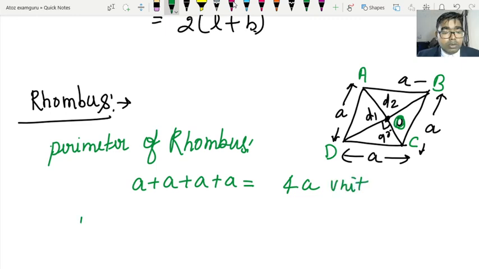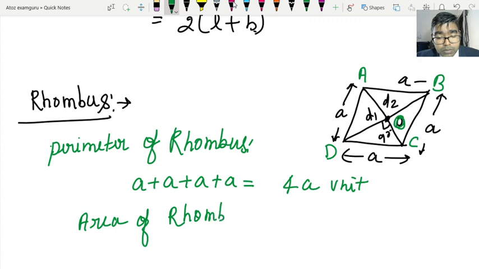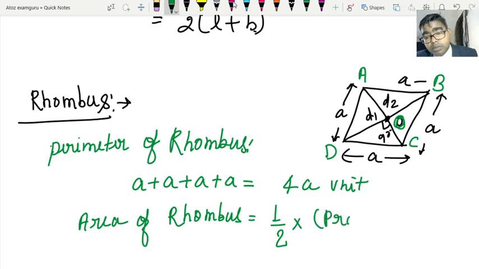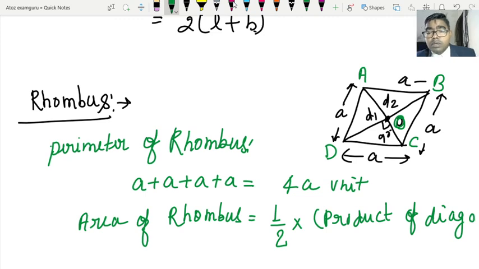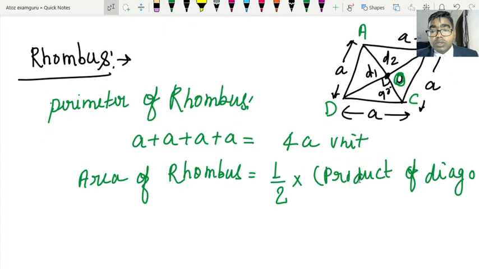And the area of a rhombus is 1 by 2 into the product of the diagonals, right friends? So by doing this, you can calculate it.